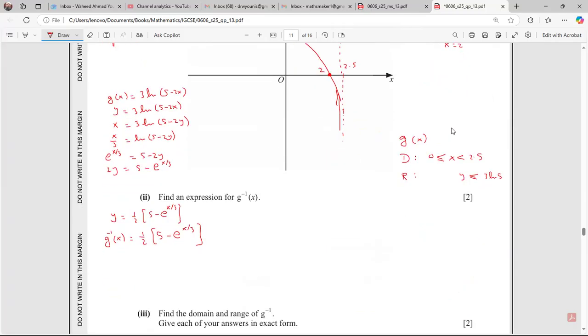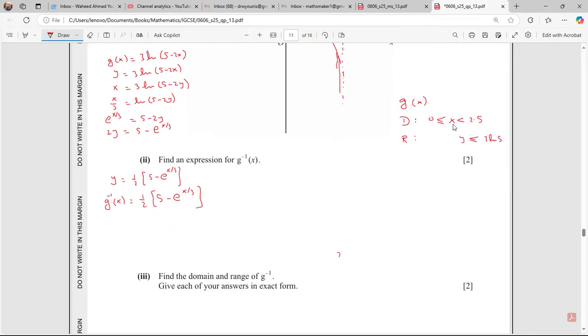And when we're talking about the inverse function, its domain is going to be x less than or equal to 3 log 5, and its range is y between 2.5 and 0.